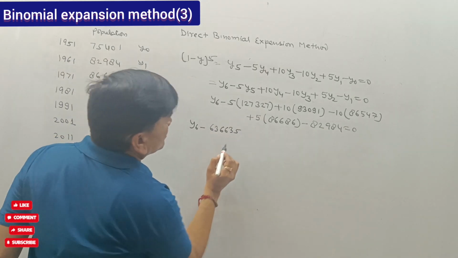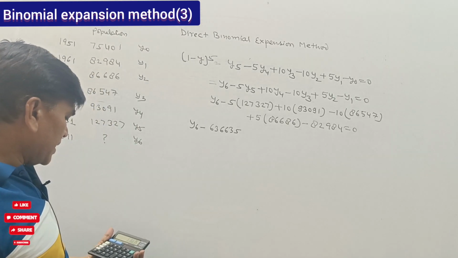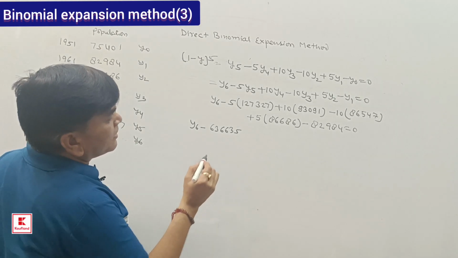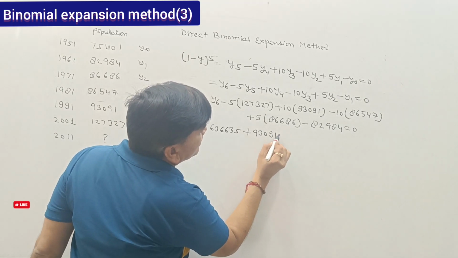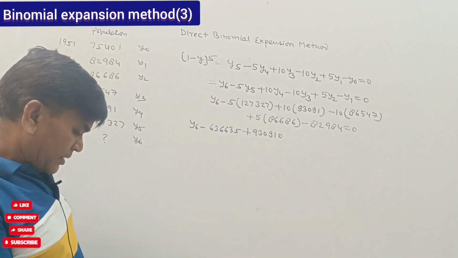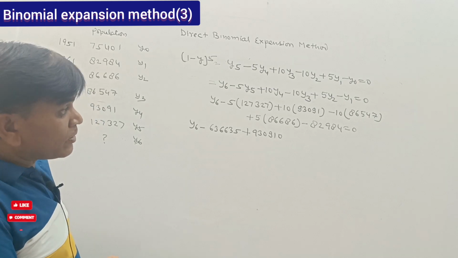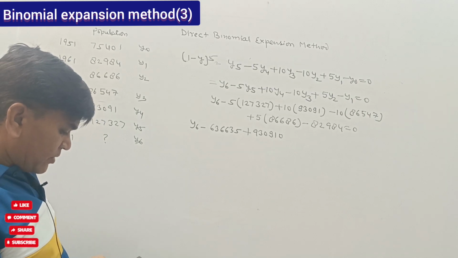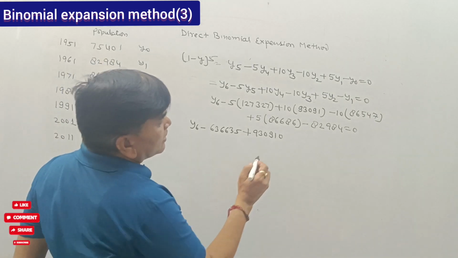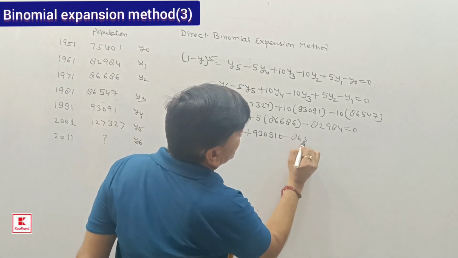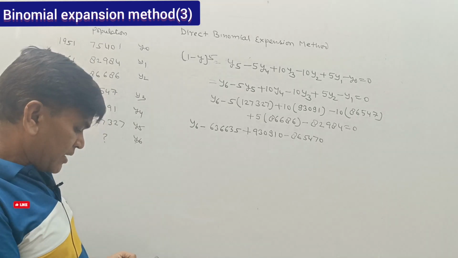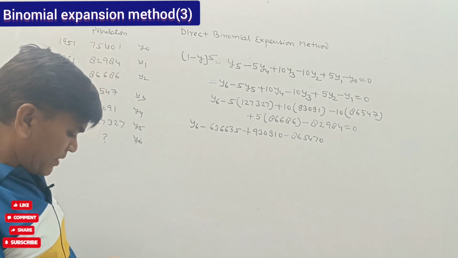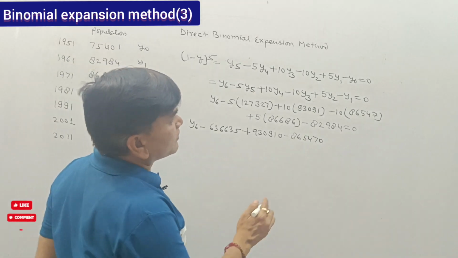Then 930910 is plus value. Then 86547 is minus value, 865470.